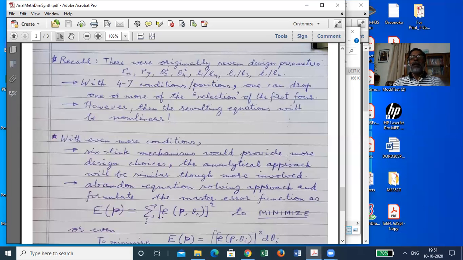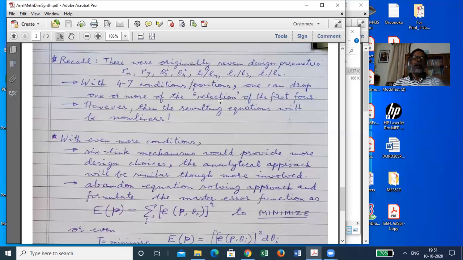That is, the function or path or motion that is wanted minus what is generated with a few proposed design parameters P1, P2, P3, P4, P5, P6, P7 or P8, P9, P10 also.